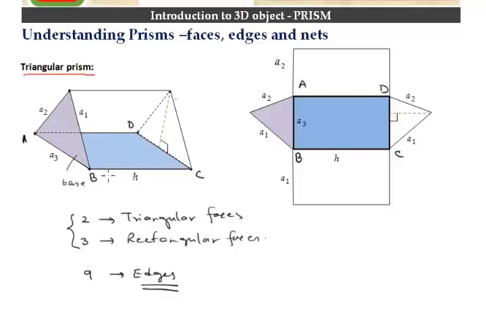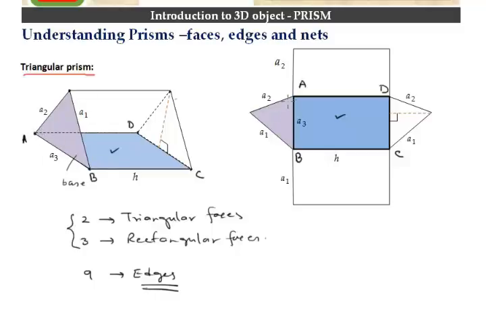So this blue face ABCD is shown here, and from this A, another face starts, this triangular face.